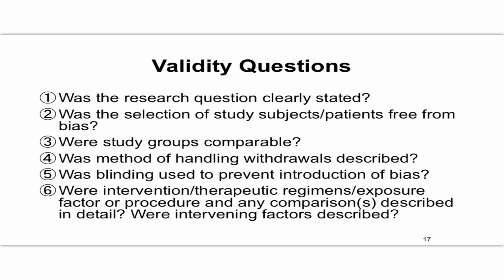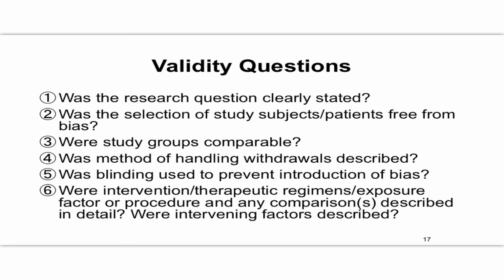So now I'd like to end with some validity questions for any particular study that you might read in the literature. And I think Dr. Villar is going to be working with you in this course on certain papers where we talk about the papers from the perspective of what kind of quality of data they provide to us for drug therapy.